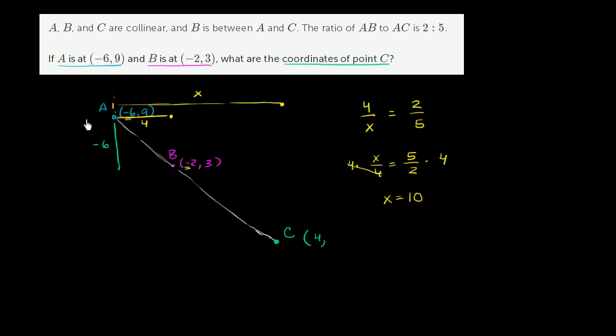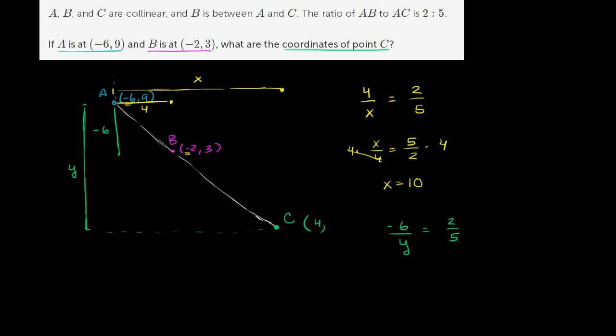Now, our change in y is going to have that same ratio. Let's call the change in y between A and C, y. So the ratio between our change in y from A to B, which is negative 6, to our change in y from A to C, negative 6 to y, is once again going to be equal to 2 to 5.